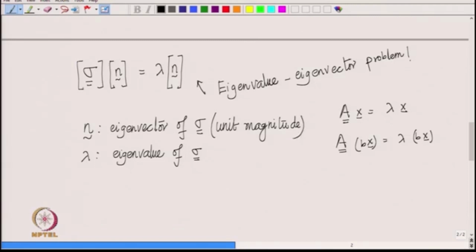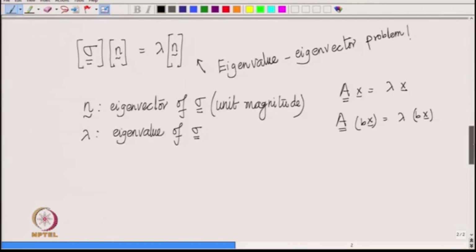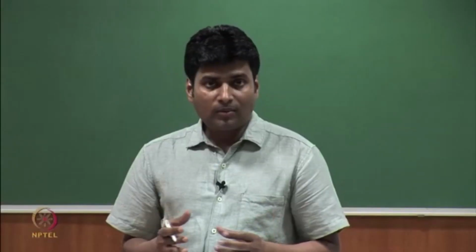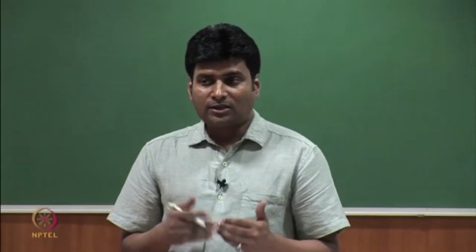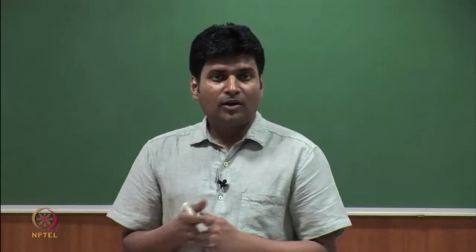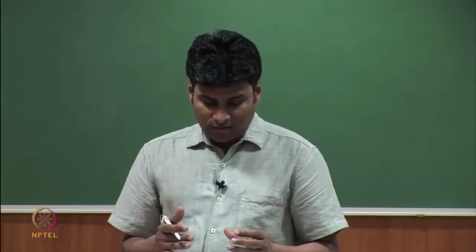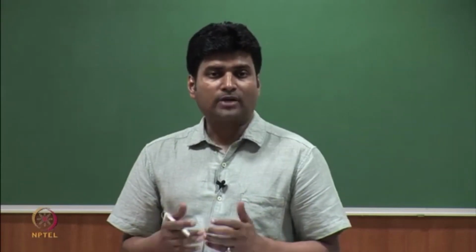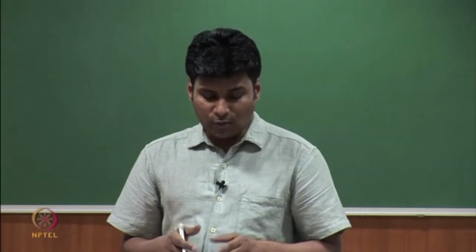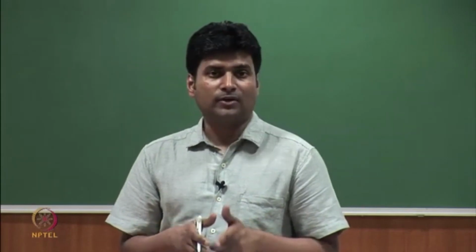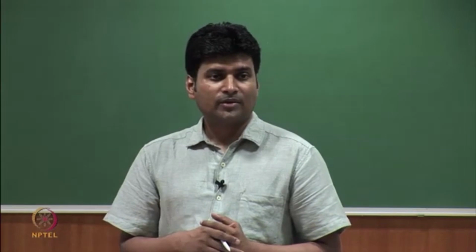Okay, because we have to also satisfy the fourth equation. So, the whole problem about finding the maxima or minima of the normal component of traction has reduced to this eigenvalue eigenvector problem, right.